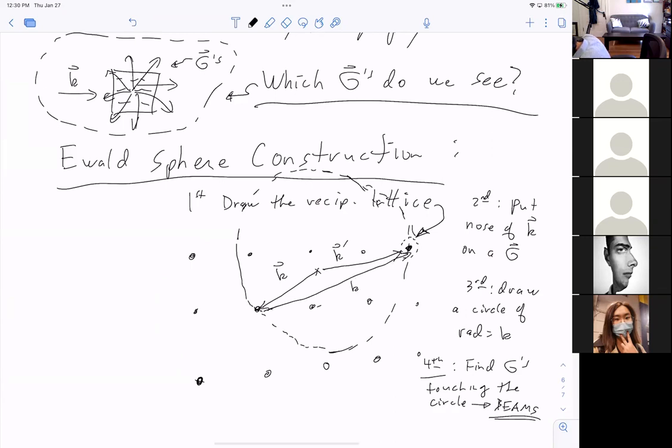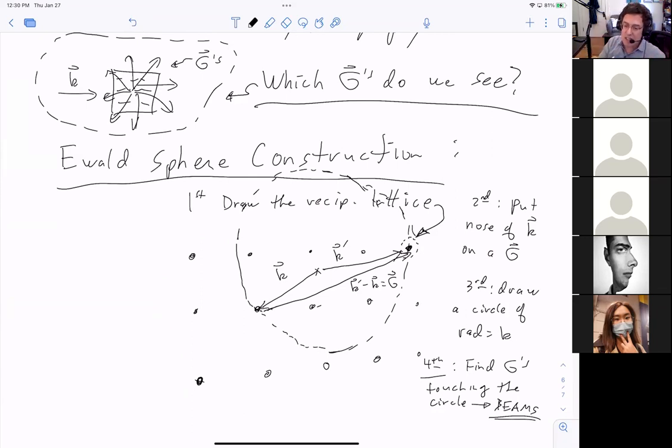here, K prime minus K, you can see that it's equal to a reciprocal lattice vector. Because by definition, all the points in that lattice are reciprocal lattice vectors, and every point on the circle has the same magnitude, which represents an elastically scattered X-ray.